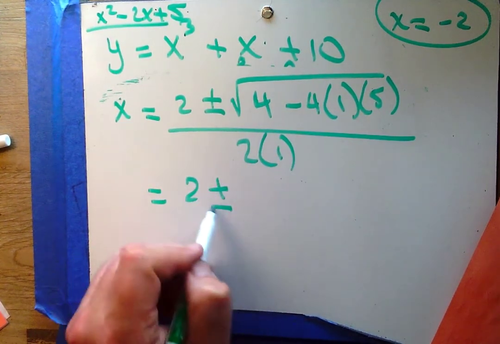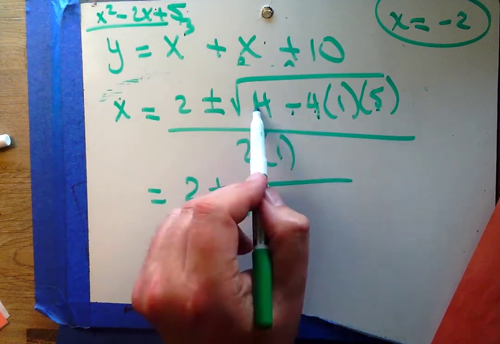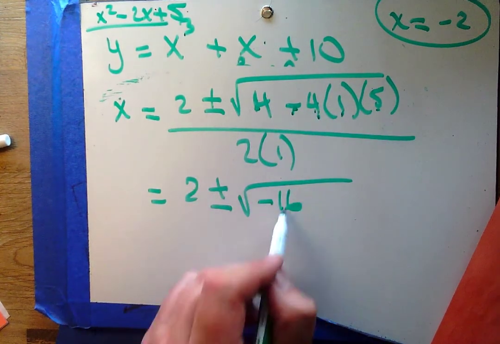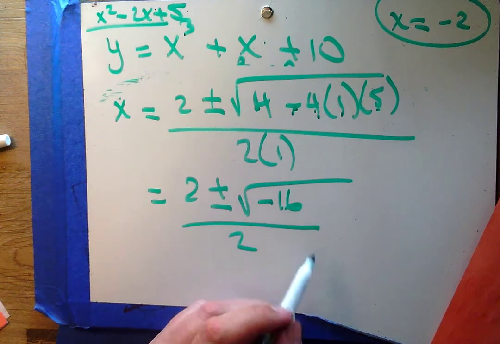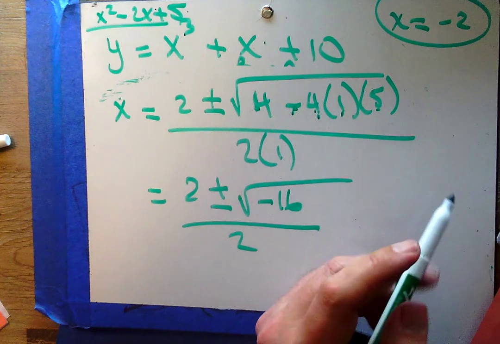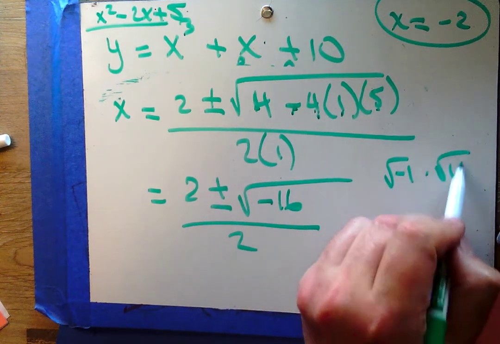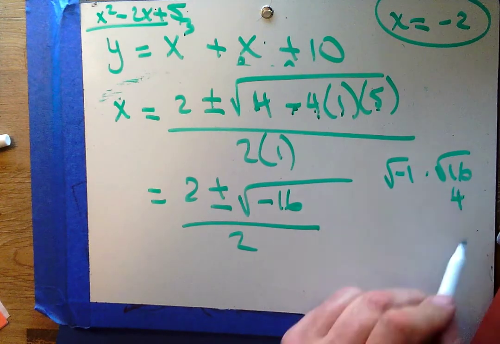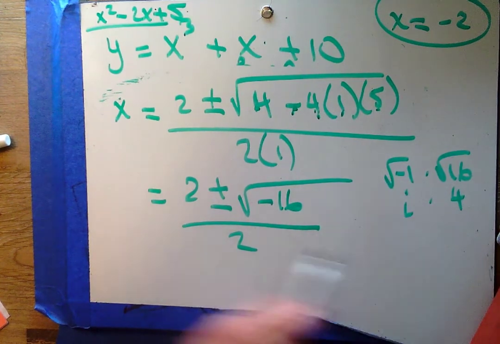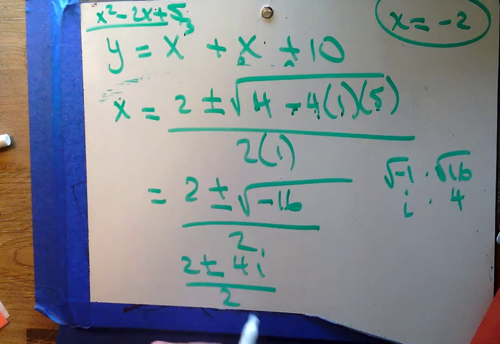So that's 2 plus and minus square root of, this is 20, 4 minus 20 is negative 16 over 2. Square root of negative 16, we are not scared about the square root of negative 16. We are thinking about square root of negative 1 times the square root of 16. This is 4, this is i, and so I get 2 plus and minus 4i over 2.